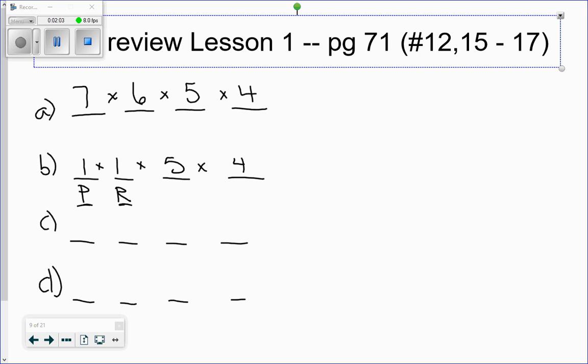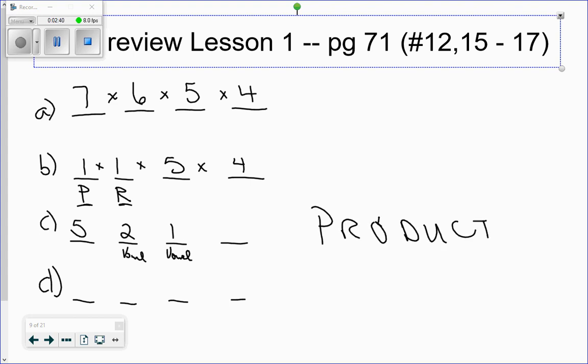So part C has 2 vowels in the middle. So this has to be a vowel and this has to be a vowel. Remember your vowels are A, E, I, O, U. In the word product, how many vowels do you have? 2. So you've got 2 choices for the first vowel and then 1 choice for the next vowel. So you've used the O and the U. How many tiles do you now have left to pick from? 5, right?